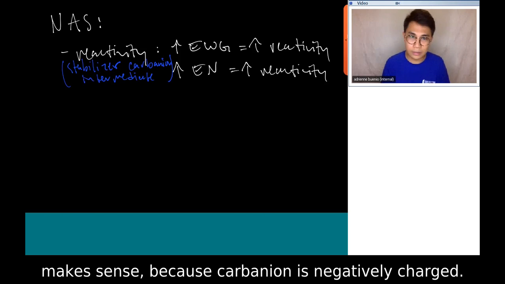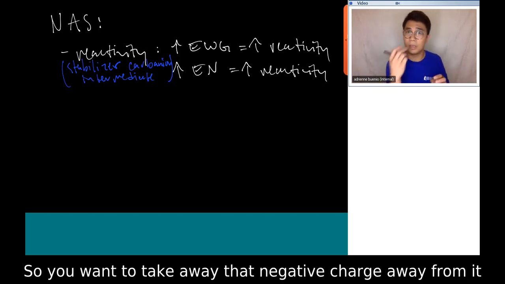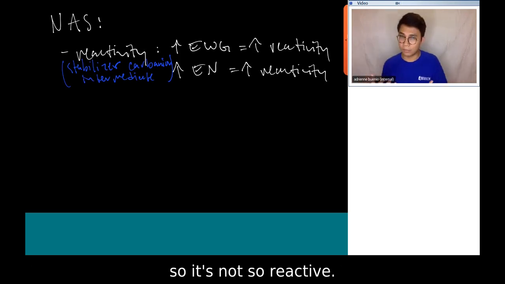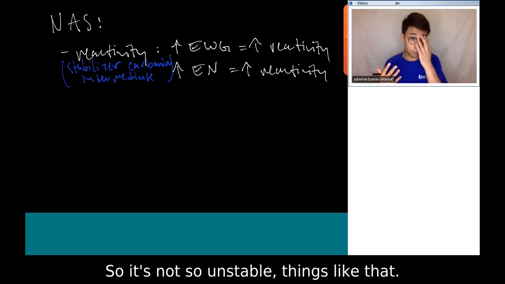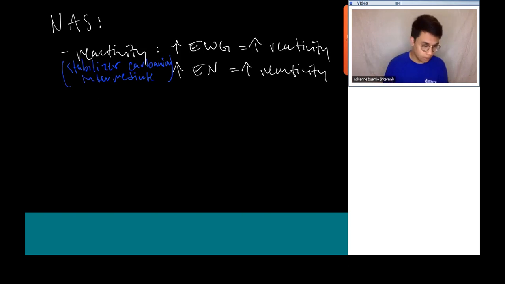Which makes sense because a carbanion is negatively charged, so you want to take that negative charge away from it, so it's not so reactive, so it's not so unstable, things like that.